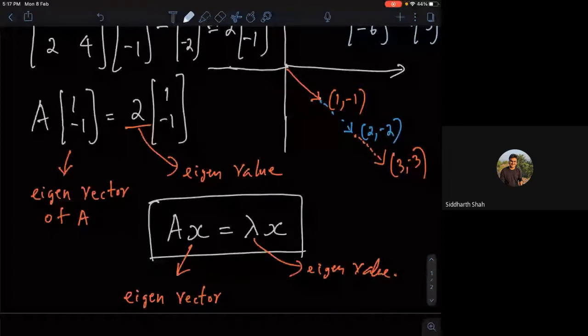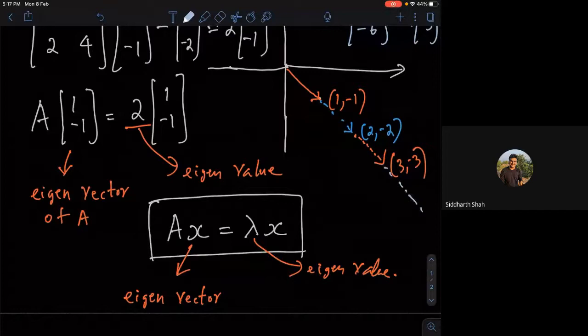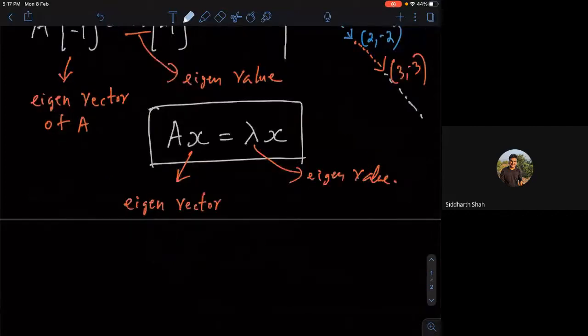Because I know that there are infinitely many eigenvectors, but they are all dependent. In this case, as you could see, if I take the same line, there are infinitely many eigenvectors, but they are all dependent. There is only one independent eigenvector in this direction. So when people say there is only one eigenvector, they usually mean there's only one independent eigenvector. Okay. Right. Now, this much is clear.